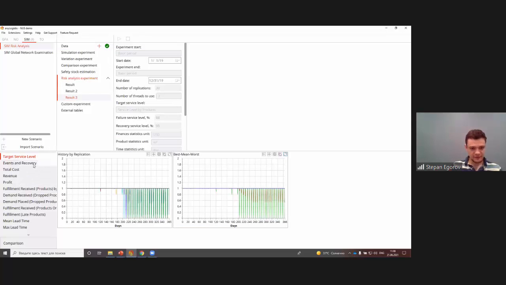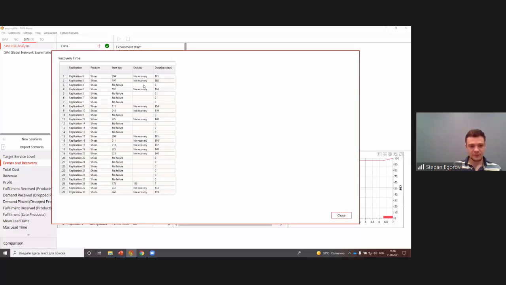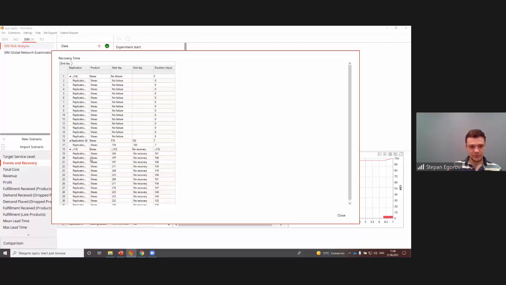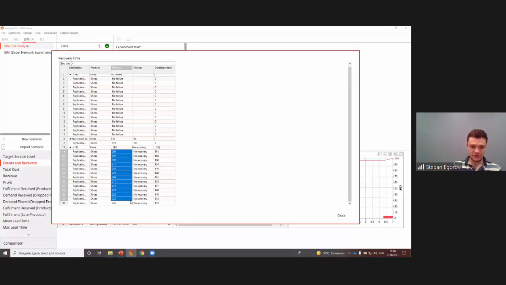So we also have data for events and recovery. So we see that in a certain number of runs, like in 14 replications, there was no failure, so everything went all right. In 13 runs, there was a disruption, but there was no recovery, so the supply chain wasn't able to recover until the end of the simulation.